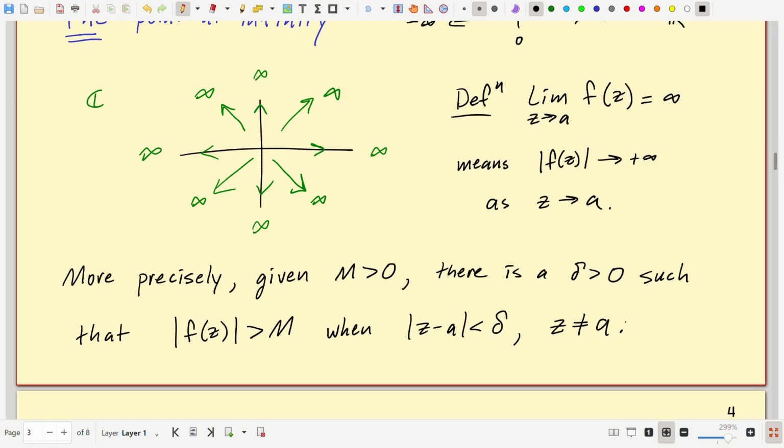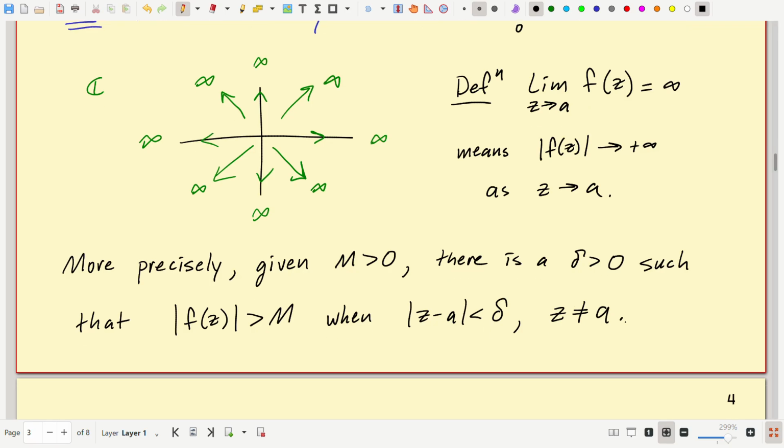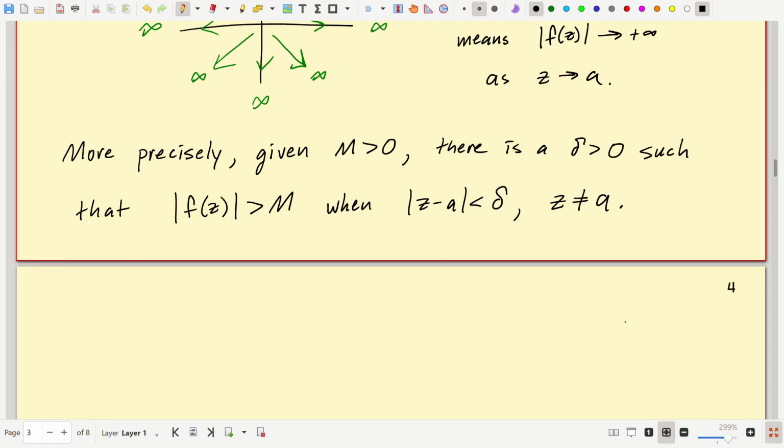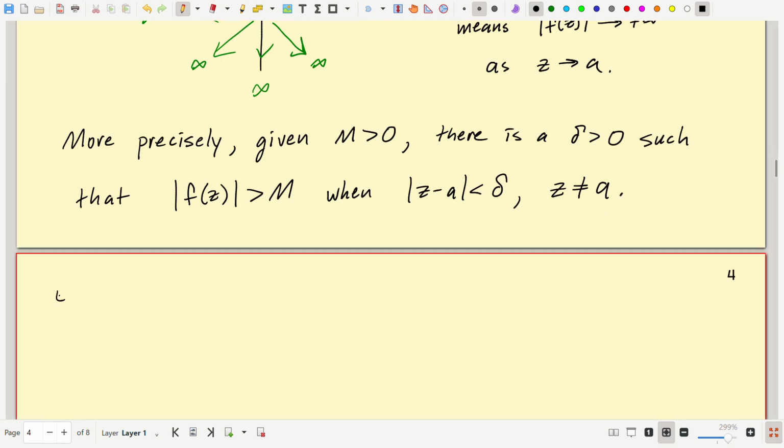So, simple examples of things that do that kind of blowing up. I guess the simplest example is 1 over z minus a. But powers of z minus a in the denominator also would have that behavior.